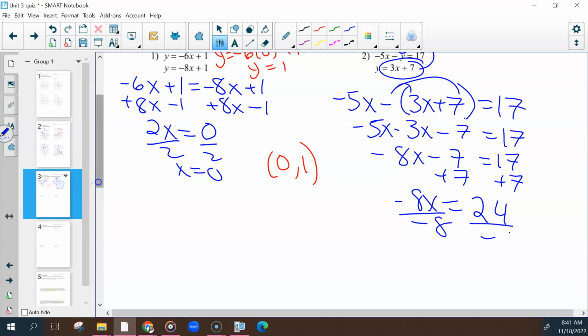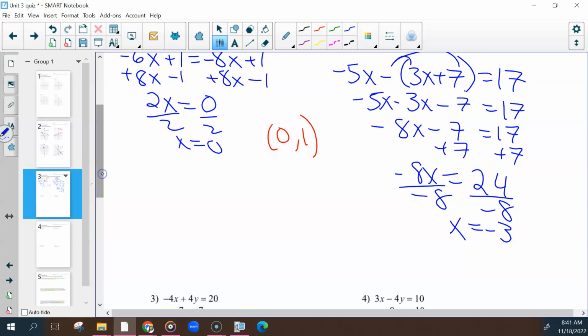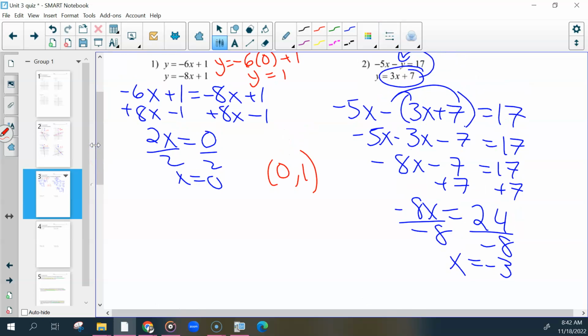So as you were solving for x, you should have gotten -3. Some of you are putting your negatives some places and not others, so you're forgetting that it's negative. Double check your math in your calculator. Then you would take that number, put it back into one of your equations, it doesn't matter which one, to solve for y.